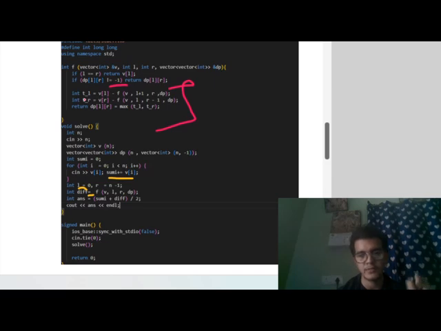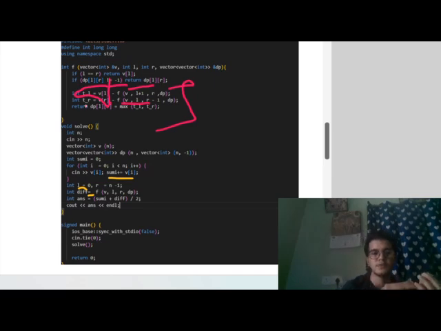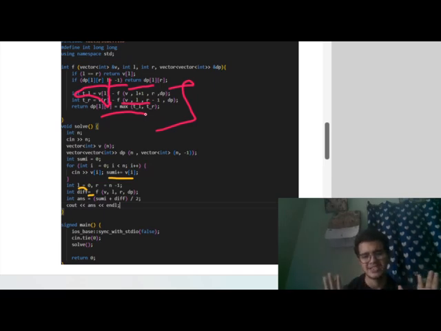Suppose we are taking the number from the left position, so we get this number VL and we subtract this F. And if we are taking the number from the right position, then we take VR minus this function. We need to find the maximum of taking from the left and taking from the right.